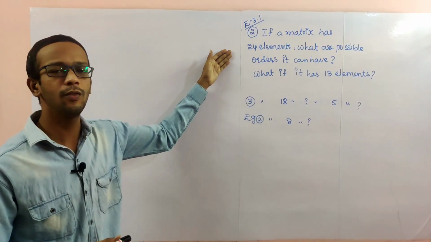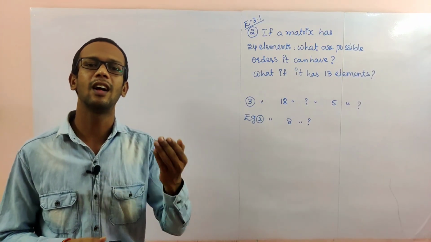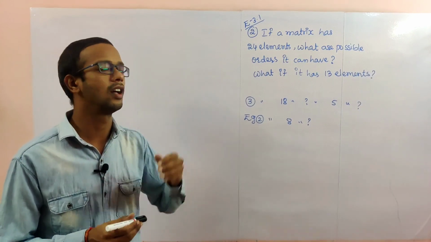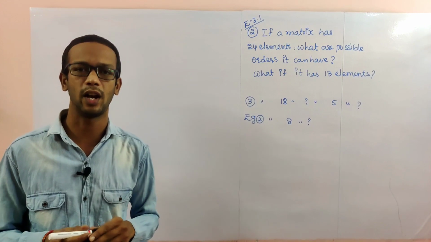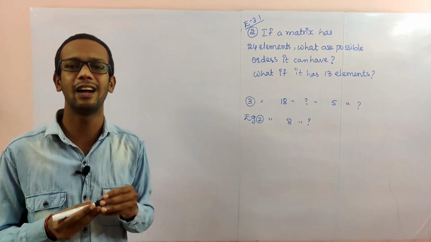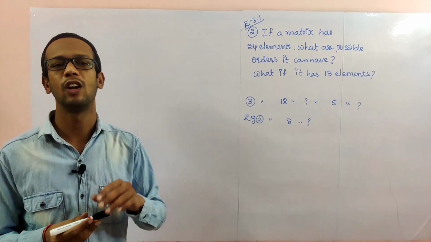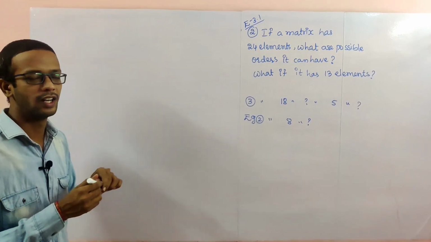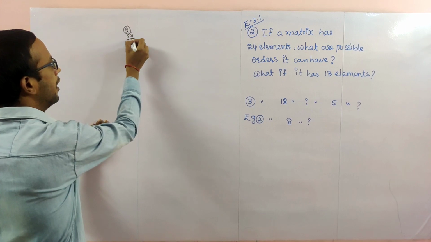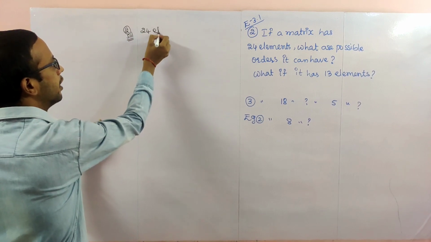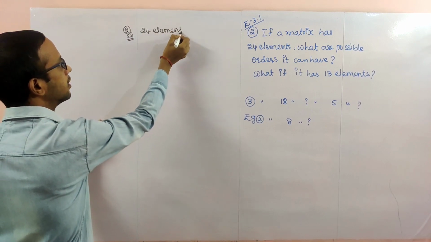In the same way, 24 elements are there. What are the possible orders? Here we have to write the multiples. Which multiples give 24? Those are the possible orders. Once you see the answer, you will understand the solution.